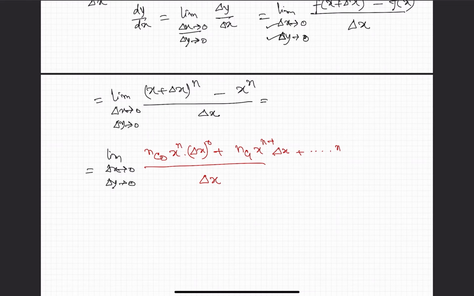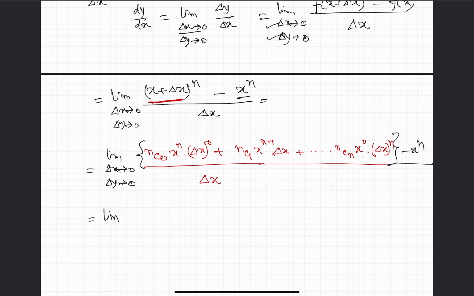The last term of this binomial expression would be nCn x to the power 0 multiplied by del x to the power n. This expression is for this one, so I am putting it in a second bracket, and this remains as minus x to the power n.